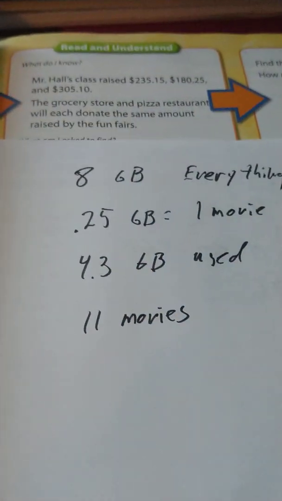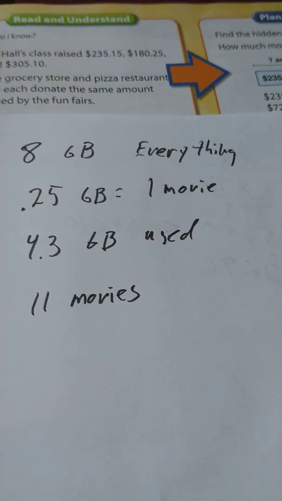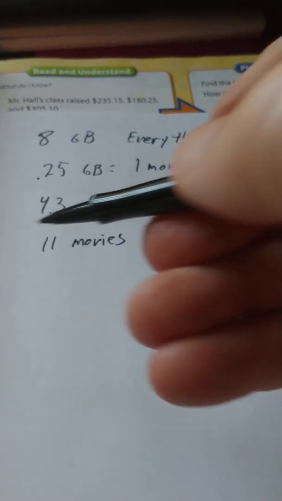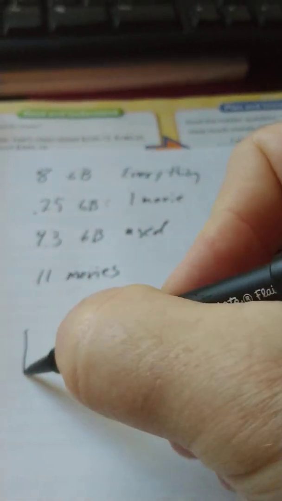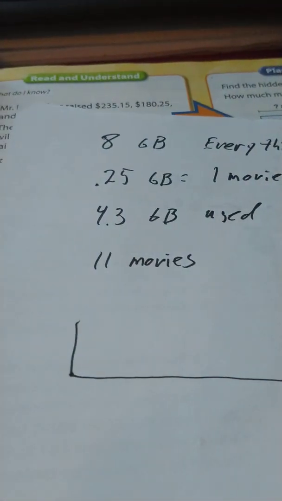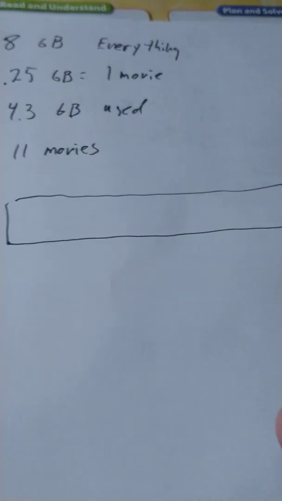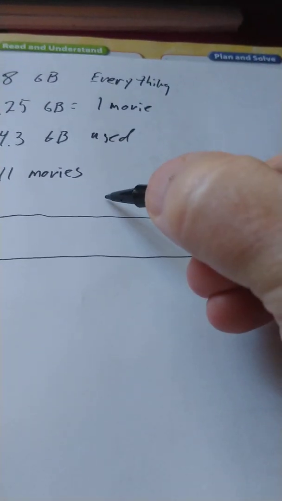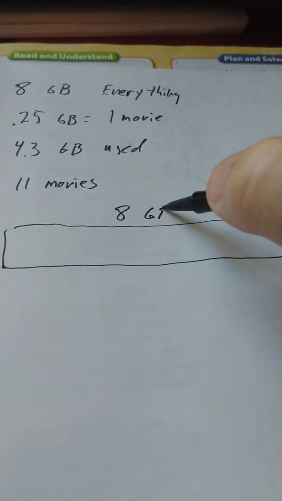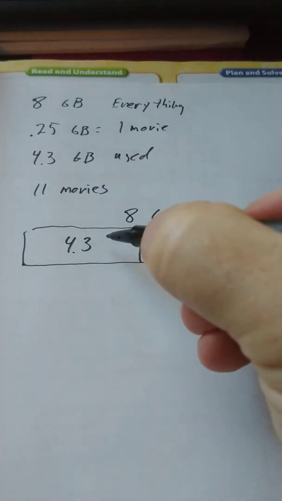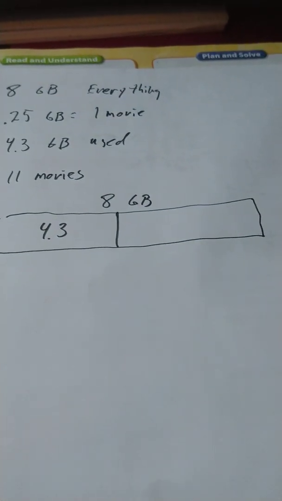So what do we have to do? We're trying to find how much space is on her drive. You know what? I'm going to draw a little picture. That was our strategy from a couple of weeks ago. All right. So here is her card. I know that the whole card is 8 gigabytes. I know that, boom, 4.3 is already used.